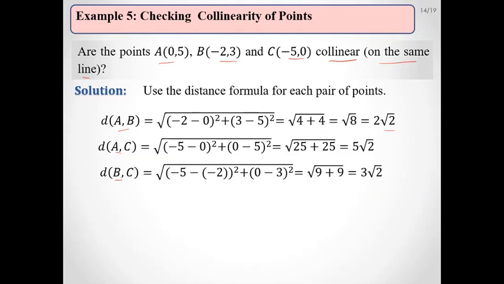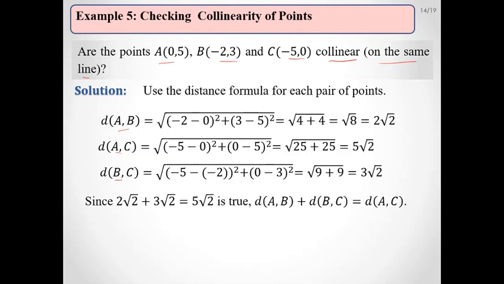Because when you add them, you cannot add these two. In order to add them, you will try to simplify again. So it's better to use the simplified version. We don't take the square here. Sorry, I made a mistake. So we don't take the square. Then it's obviously 2 square root 2 plus 3 square root 2 is equal to 5 square root 2.